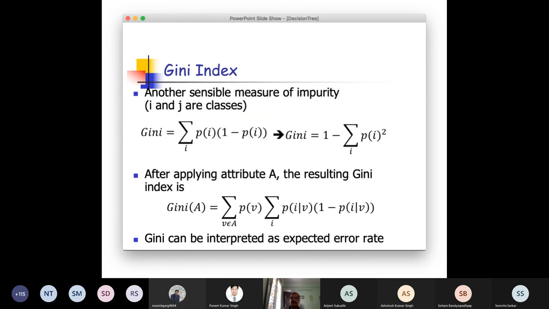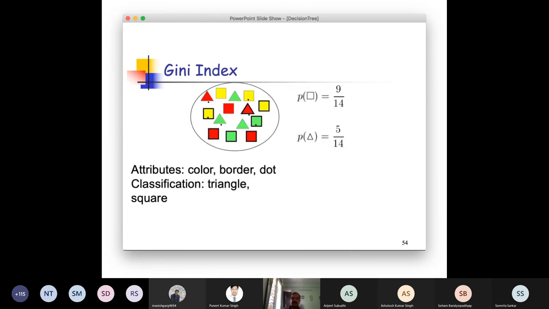Because I have only a few minutes left, I will give this example, then today I will stop here. If you compute the Gini index of the whole set, the Gini index should be over the class distribution. What is the probability of square? It is 9 by 14.